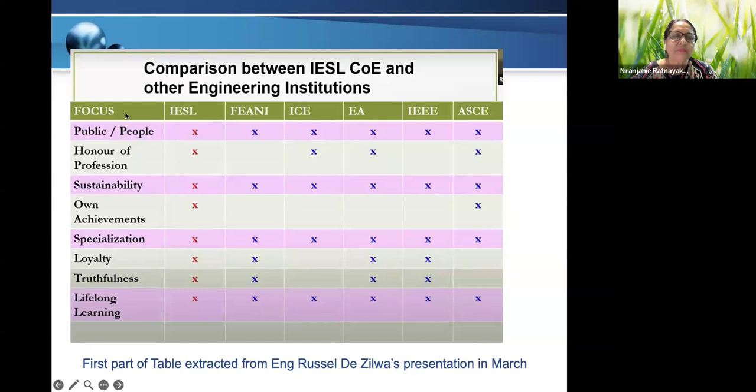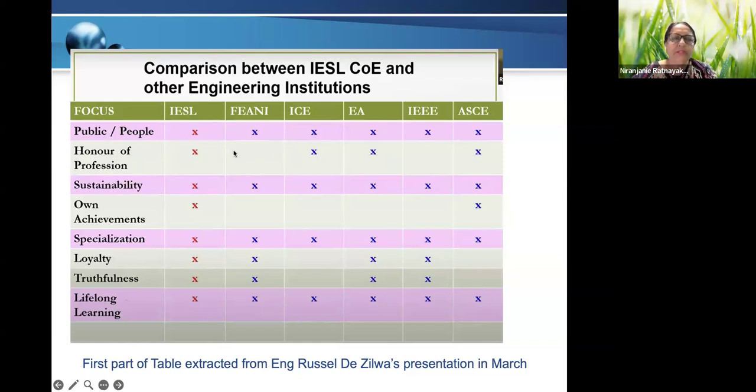The focus areas that I had in my summary slide, the 8 focus areas of the IESL Code of Ethics. And he has tried to compare, and if you actually listen to his presentation, it's very good. He is giving descriptions of each of these, right, in his presentation.